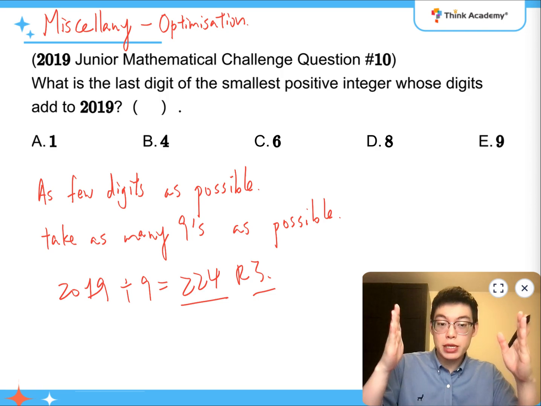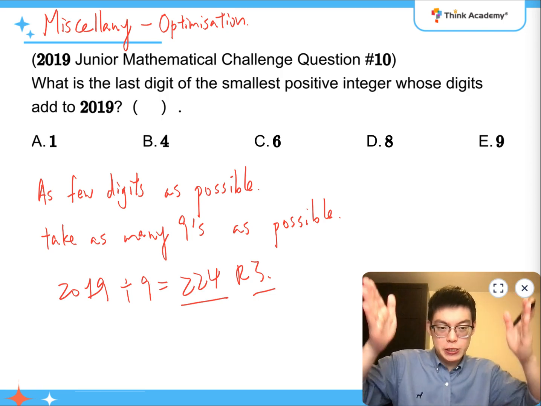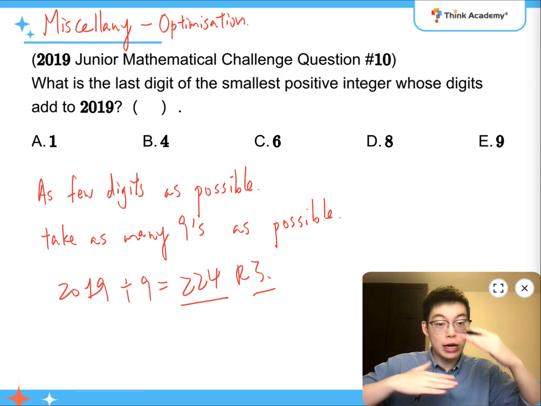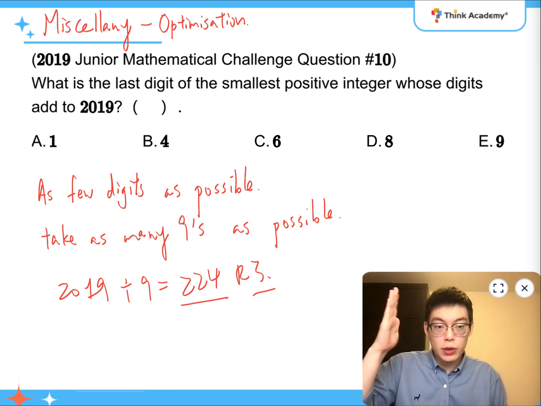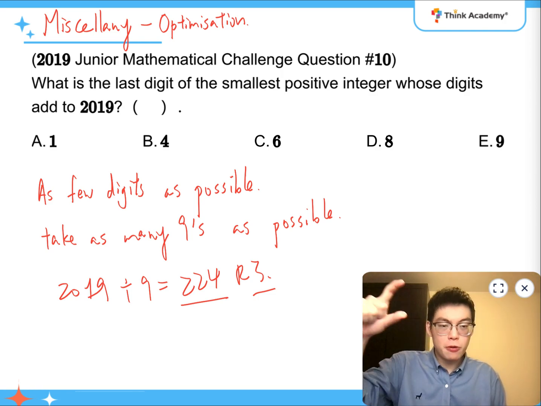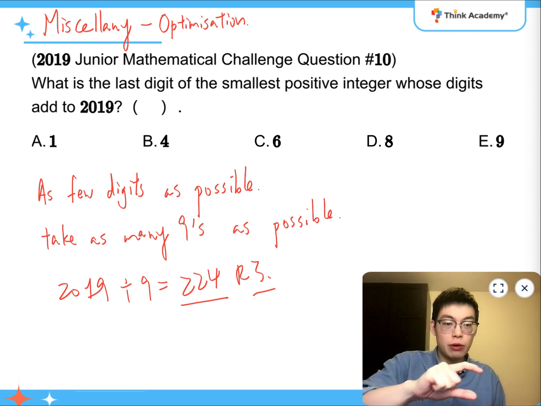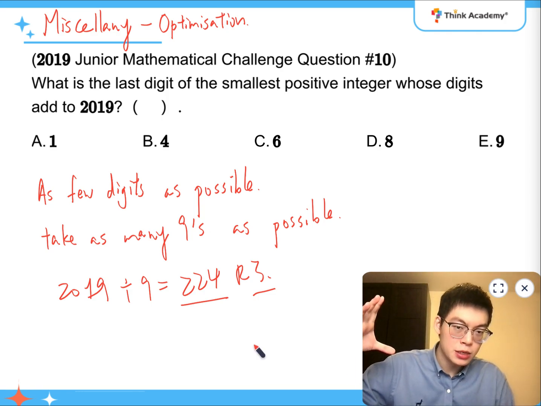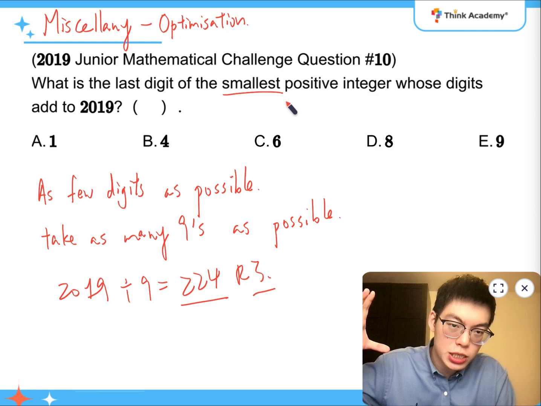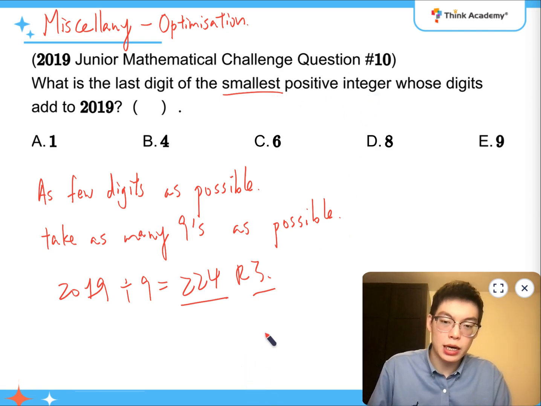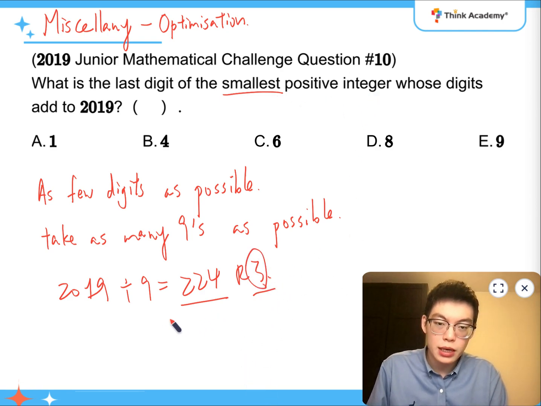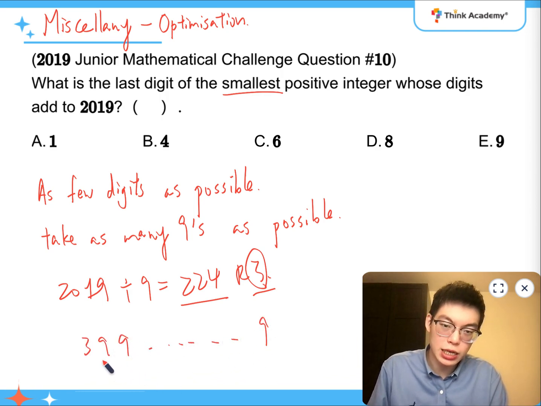When two numbers have the same number of digits and we try to compare them, of course, we look at each digit one by one. We compare each digit one by one, starting from the largest one. So definitely if I want the smallest possible integer, I need to put the 3 at the very beginning and with a bunch of 9s. Actually, like there's 224 of them.